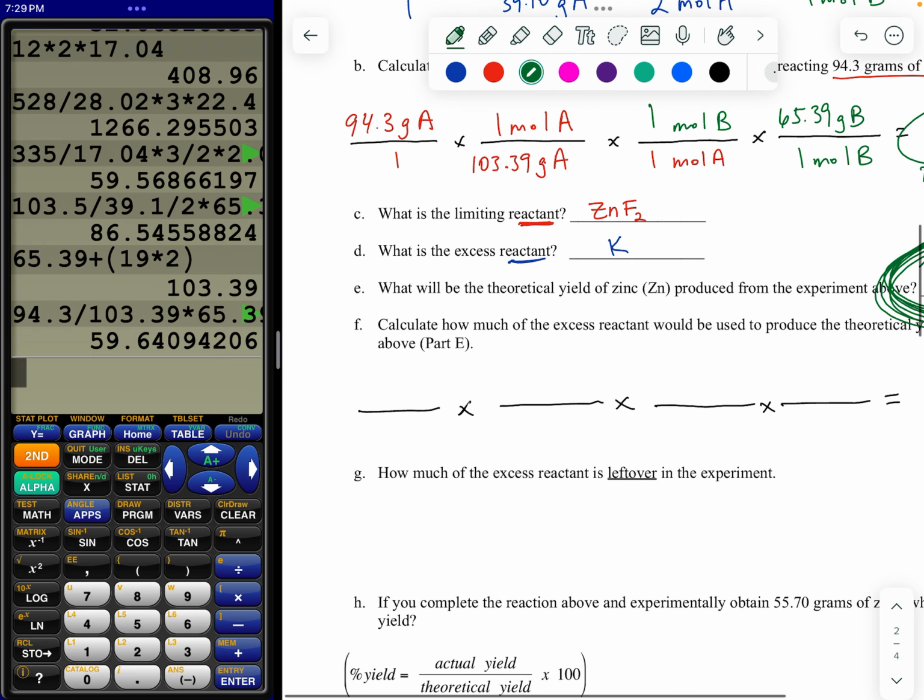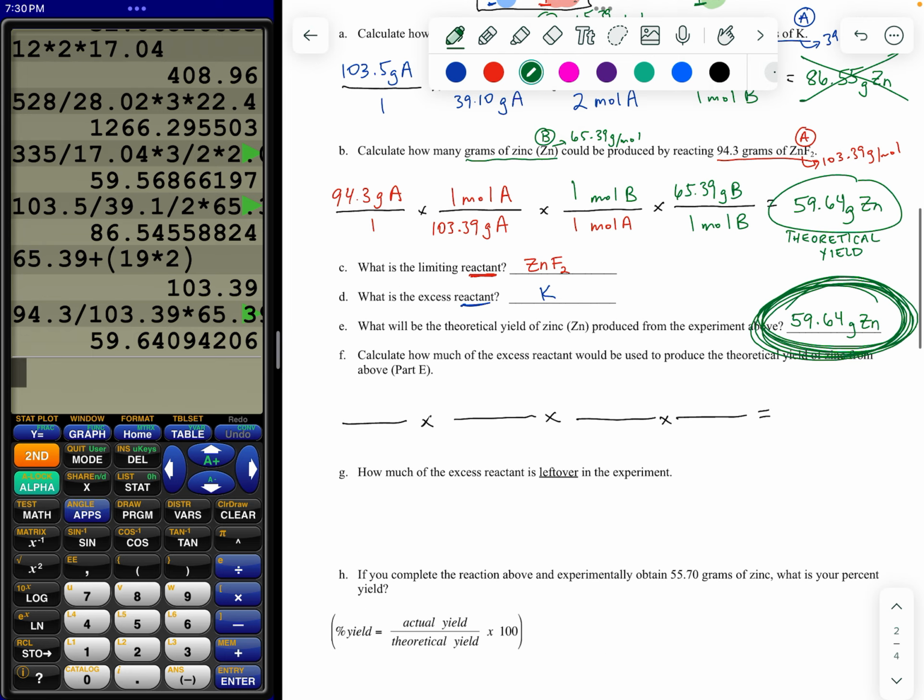So I'm going to start this problem out with 59.64 grams of A, because zinc in this case is now substance A, right? Just to make that a little more clear, zinc is A, and the excess reactant, remember, was potassium, which is now going to be substance B. So we're doing another gram to gram problem.